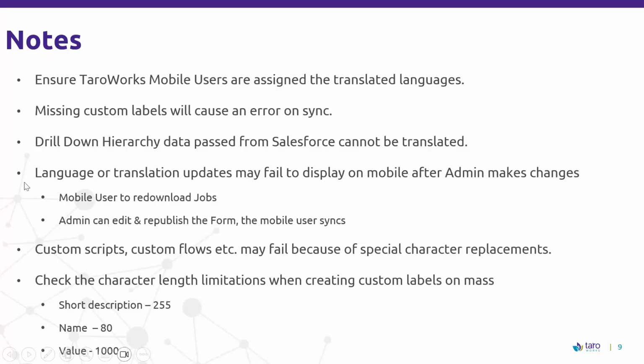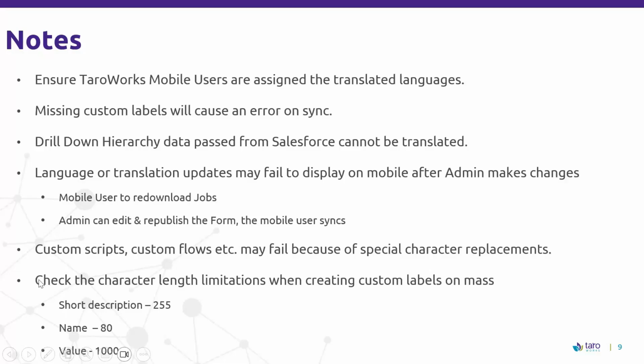There have been very few cases where if you make changes, sometimes they don't fully take effect. And then you might have flows or custom scripts that may fail because of the special character replacements when we are using the custom labels.